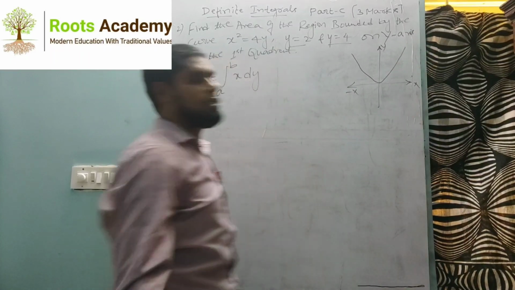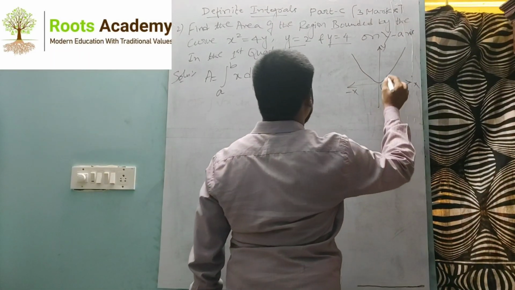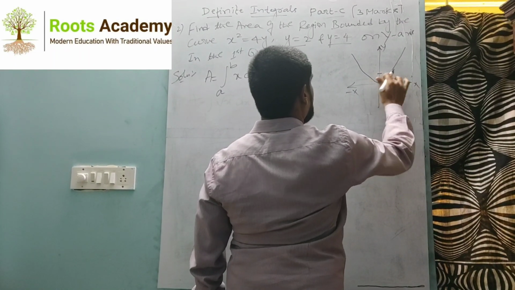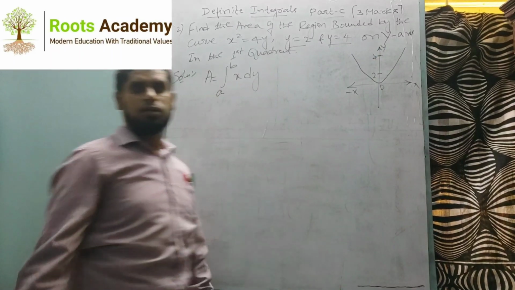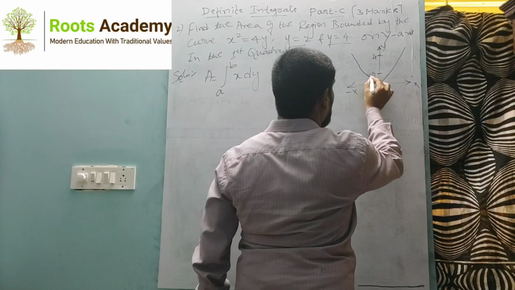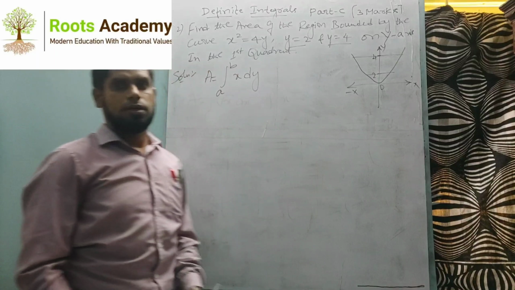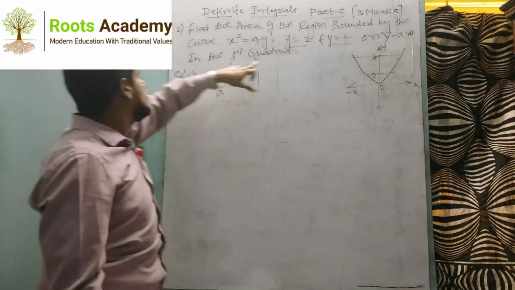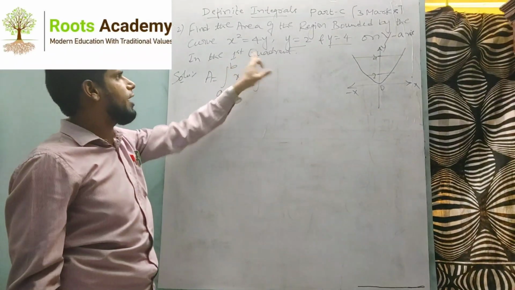The graph will be like this, student. This is the origin, y is 2. Let us consider this is 2. This is 4. 2 and 4. If I draw the line, this much region I need. But here it has given a restriction that on the y-axis we should find the region which is present in the first quadrant.